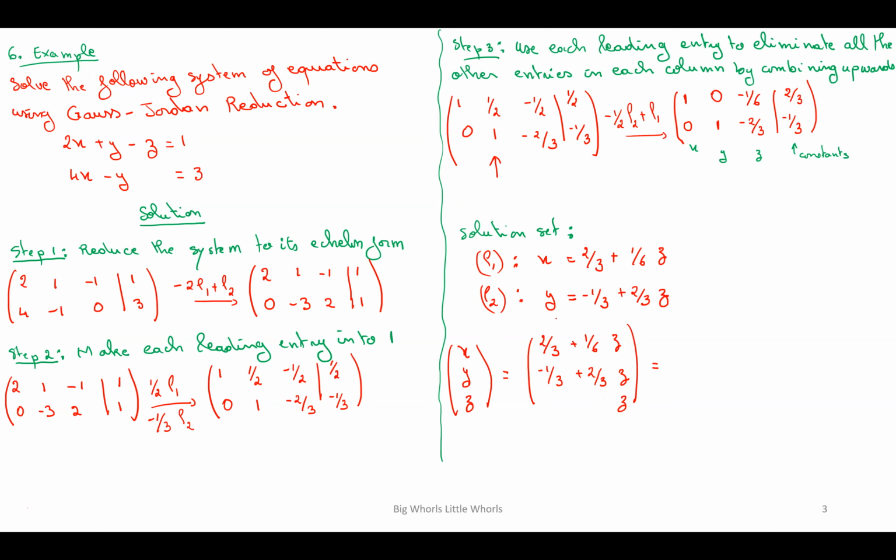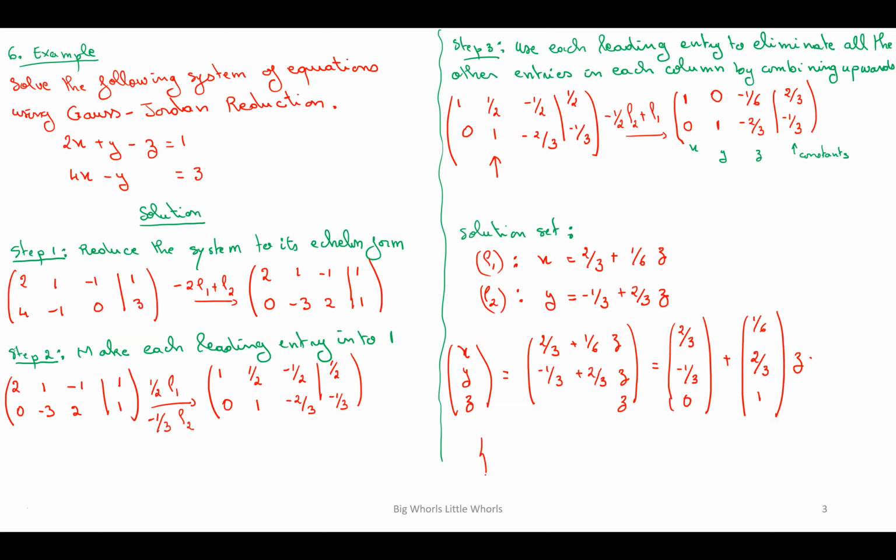Therefore we can rewrite this big vector as the sum of 2. So we have 2/3, minus 1/3, 0, plus 1/6, 2/3, and 1 times z.